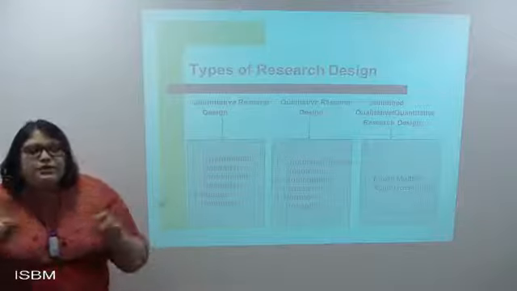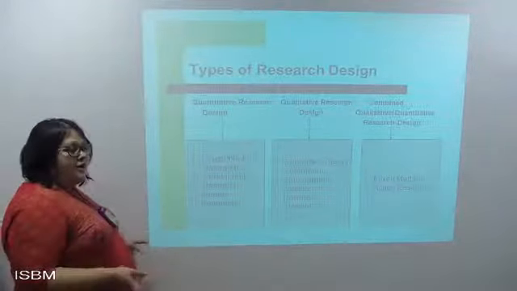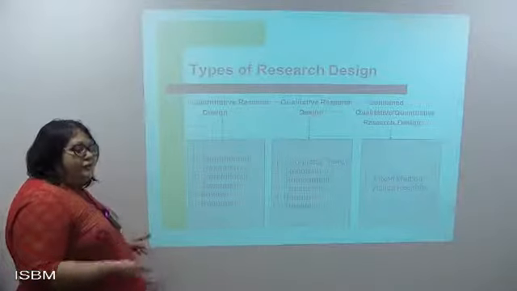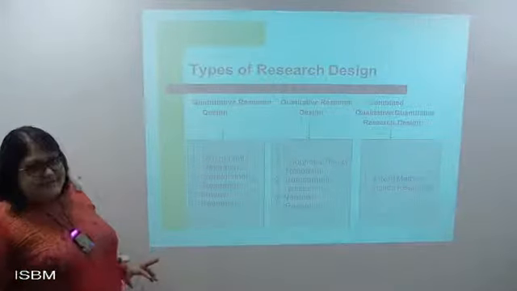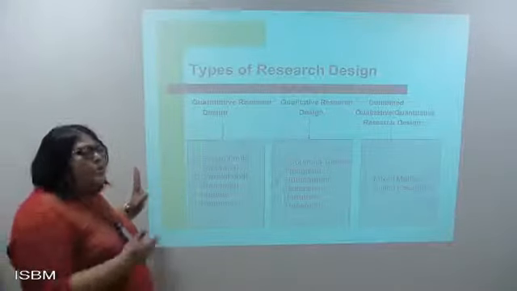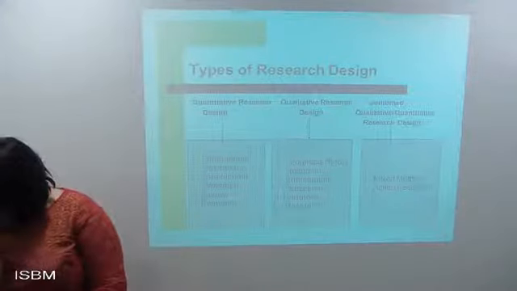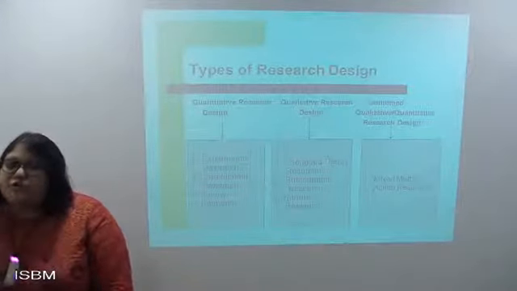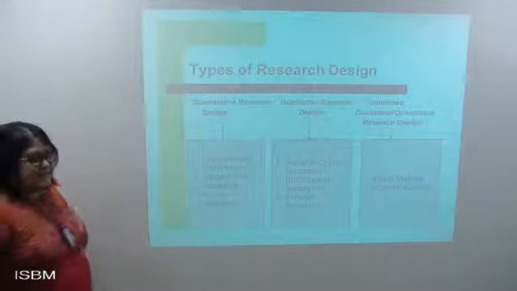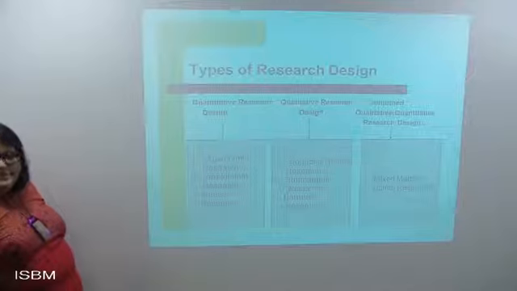Now when you club the two, that you are a smoker as well as a frequent coffee drinker, this necessarily does not mean that you will have cancer. So it is correlational, but you do not have any assurance that because you are smoking, because you are drinking, you are having cancer.